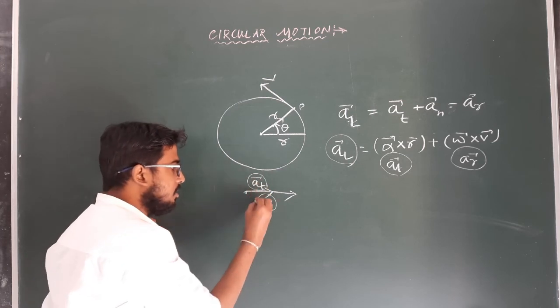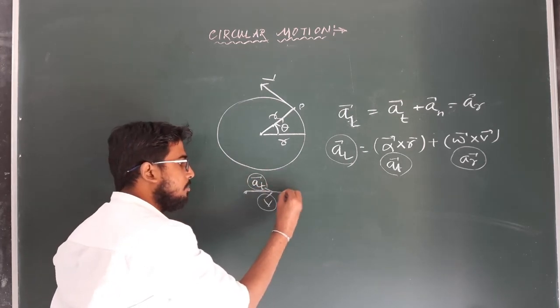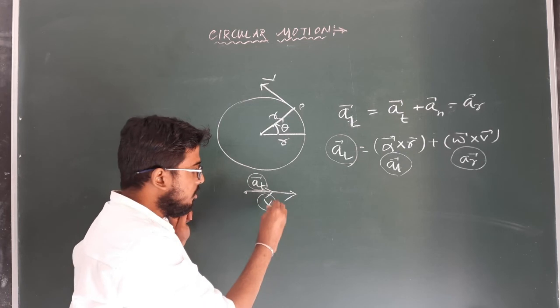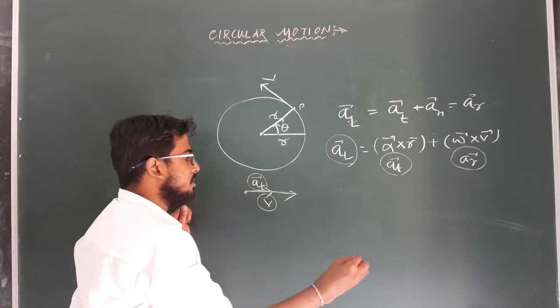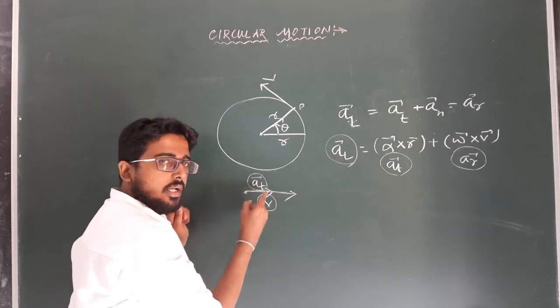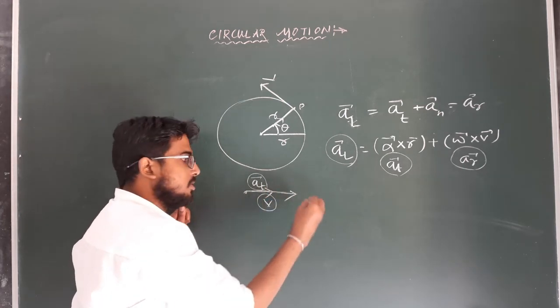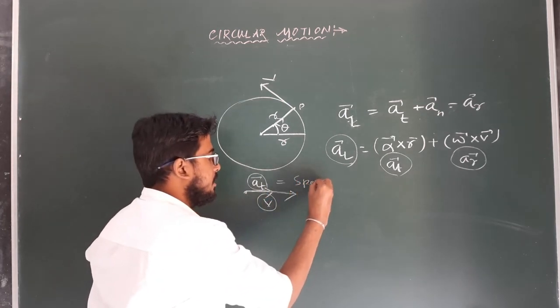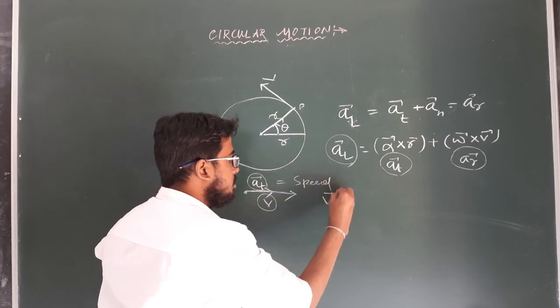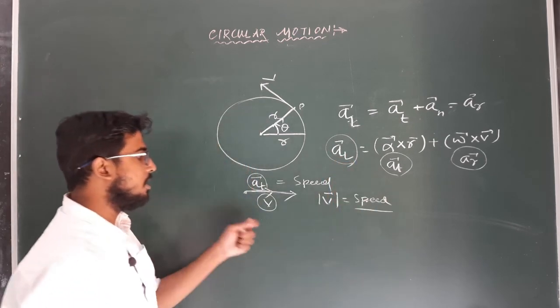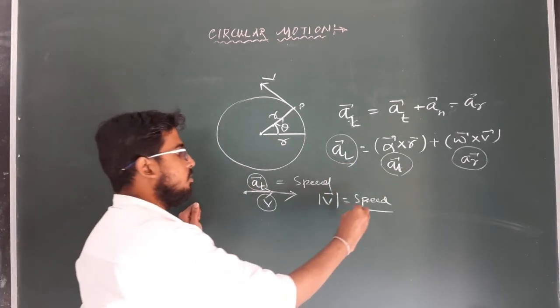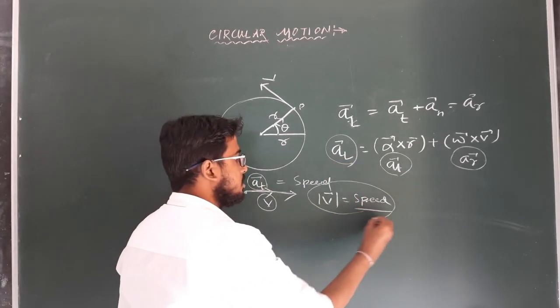That means the tangential acceleration, or the acceleration along the direction of velocity, can only change the speed. Because the magnitude of velocity is known as what? Speed.